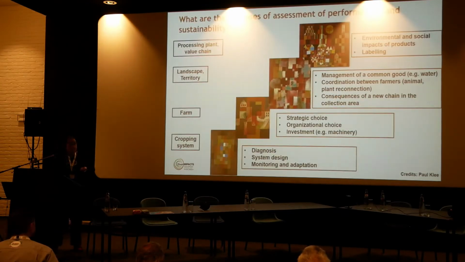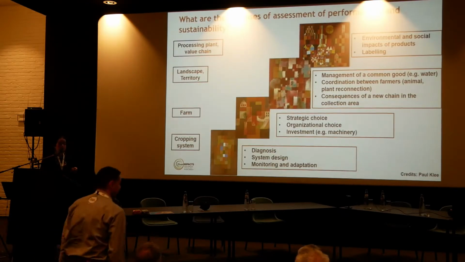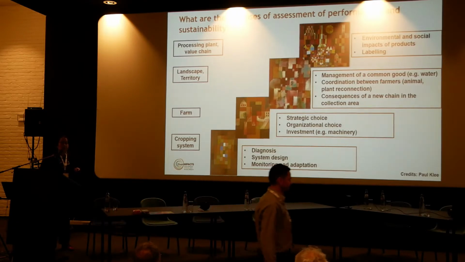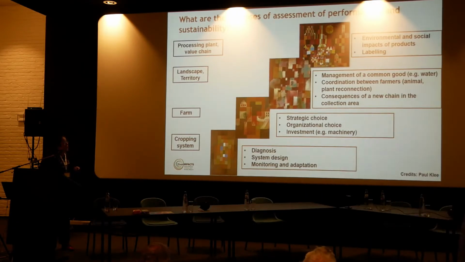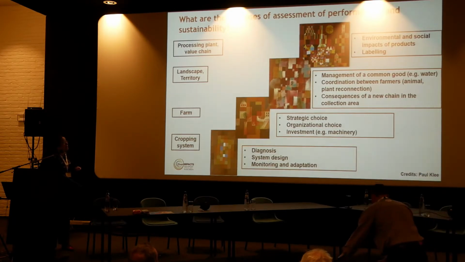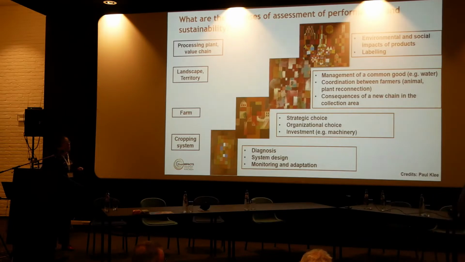So how to support diversification with assessing performances on sustainability? It's a question of what the purposes of this assessment are. And there are several scales where it's possible to use it, and it is useful then to help support diversification.